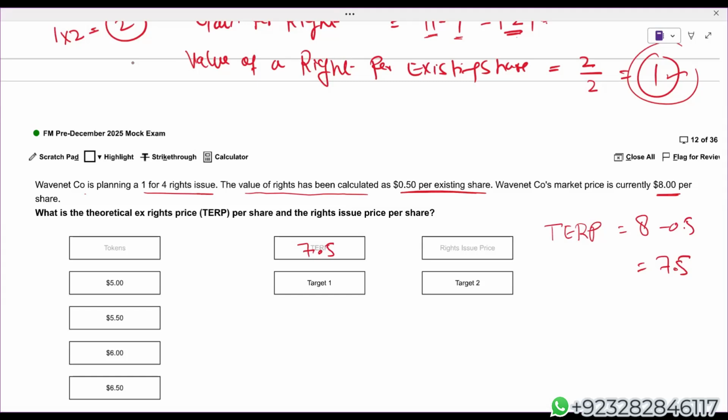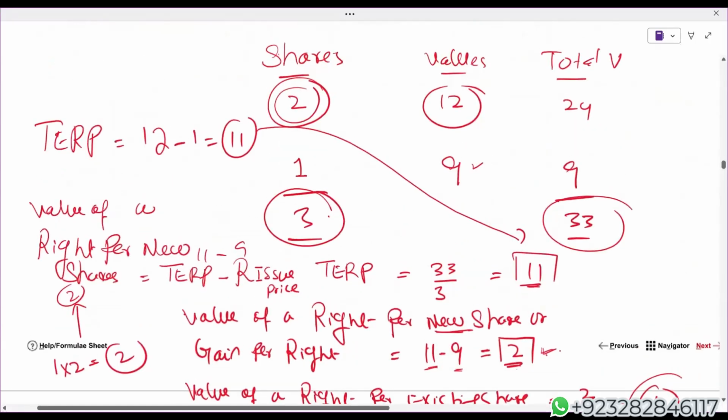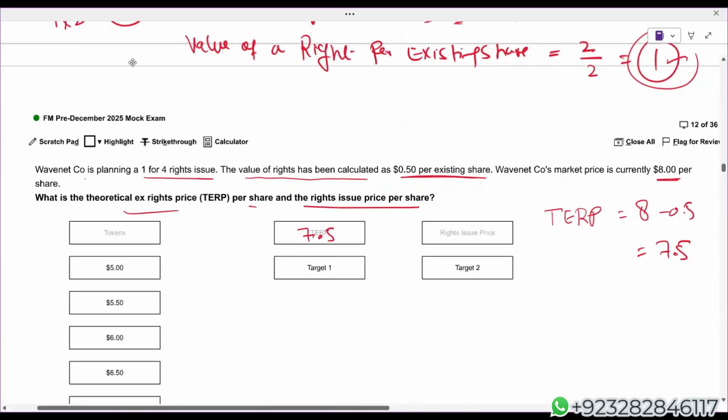Now they're asking for the rights issue price. How to calculate the rights issue price is very simple. If you know the value of a right per new share, it is equal to theoretical ex-rights price minus rights issue price. Now come here. 0.4 per existing share. In order to get one right, how many shares do you need to have? 4.